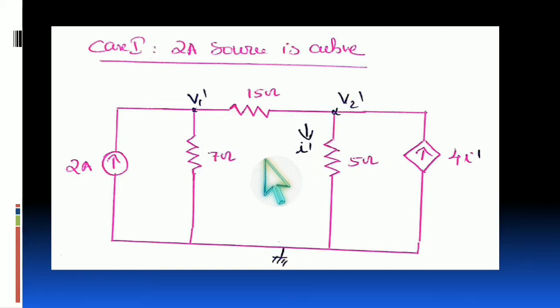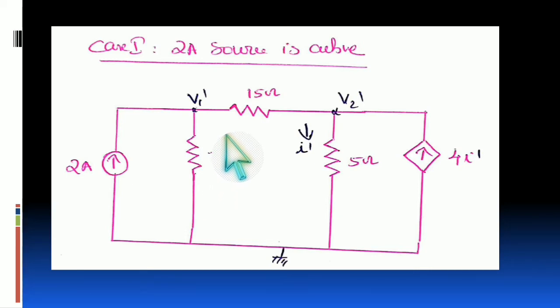I dash is marked as the current through this 5 ohm when the 2 ampere source is acting alone. Correspondingly, the dependent source value changes to 4 I dash. V1 dash and V2 dash are the node potentials at V1 and V2 when this 2 ampere source is acting alone. Okay. Let us write the KCL at V1 dash. At V1 dash, we have one incoming current 2 ampere and 2 unknown currents which should be considered as outgoing currents.